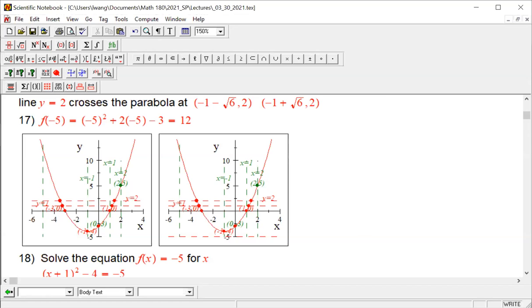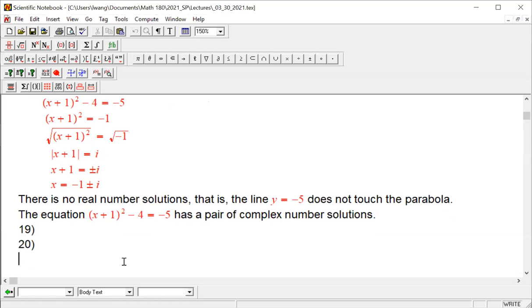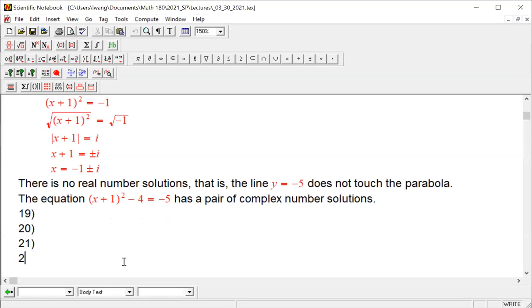Okay, next set of questions, which is from number 19 all the way to the last one. So let's see number 19, 20, 21, 22. This is one set of questions.